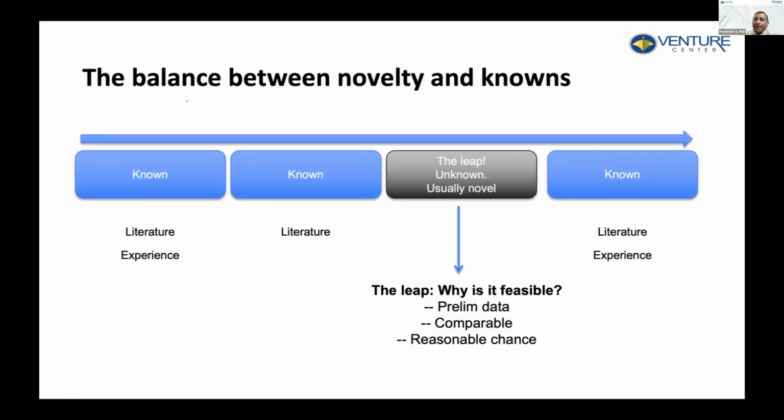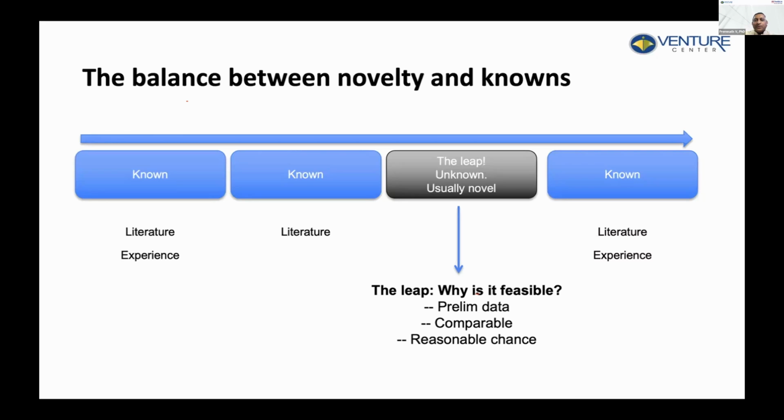And if it looks very contrary to what people assume is true, then you need to have some preliminary data in order to say that this is feasible, that there's a reasonable chance of success. People will be willing to take that leap of faith, provided there's a reasonable backing that it is possible, right?